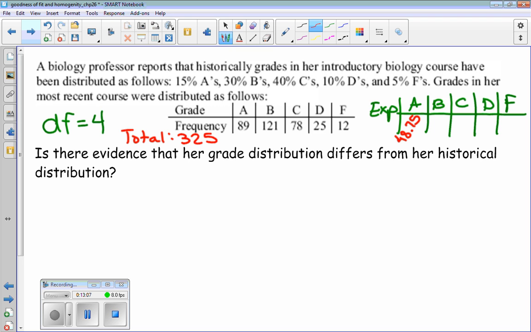Okay. And again, I'm just writing sideways so I can fit it in. And then 40%. Exactly. That's nice. And then 10%. And then 5%.